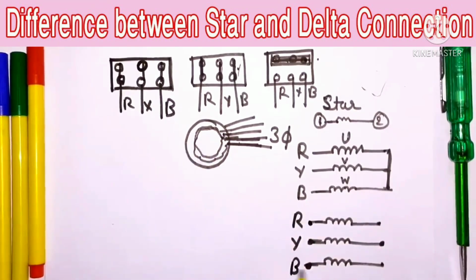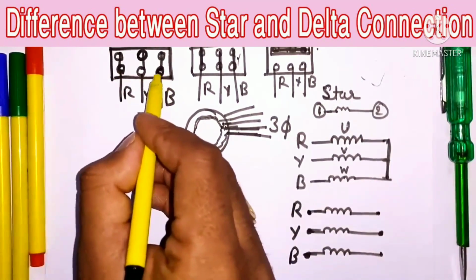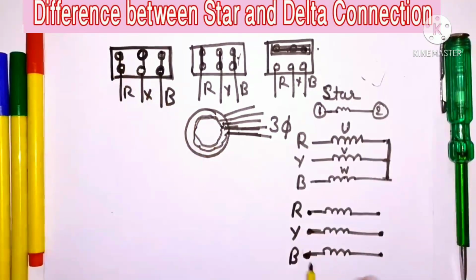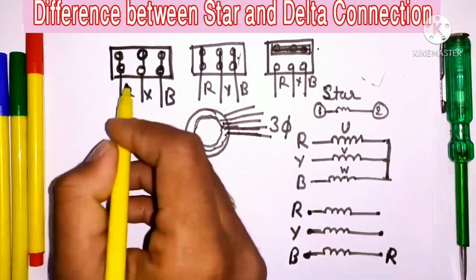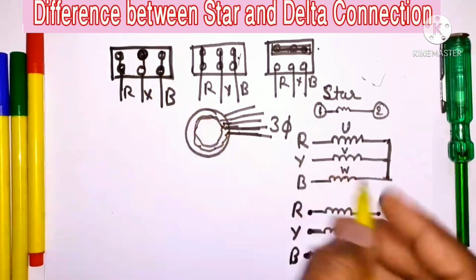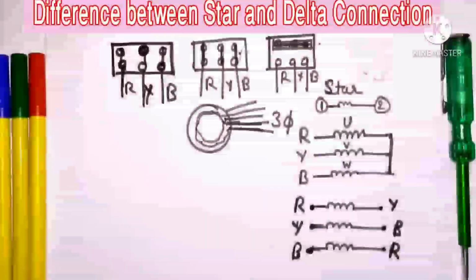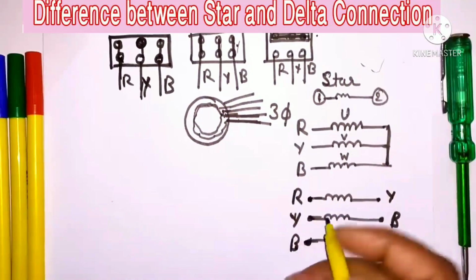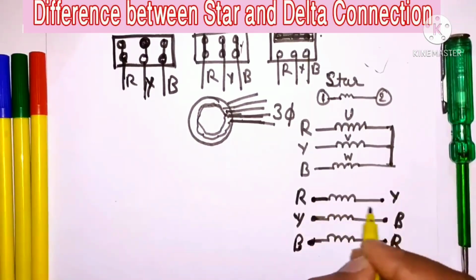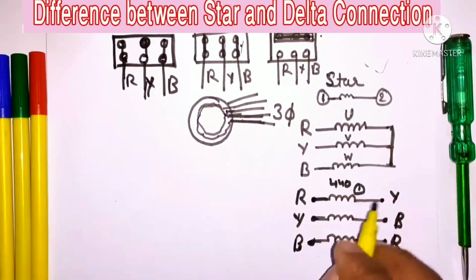And we are using the 3 lines also, R, Y and B. B is connected with the R. The first point of the B is here and the next point is here, R. We can mention here B, R. It means in one winding there are 2 phases, B and R. R is connected with Y, and Y is connected with B, you can see here.